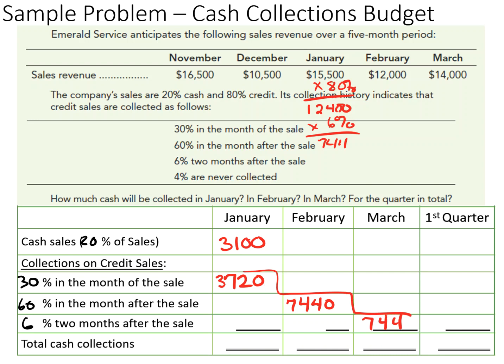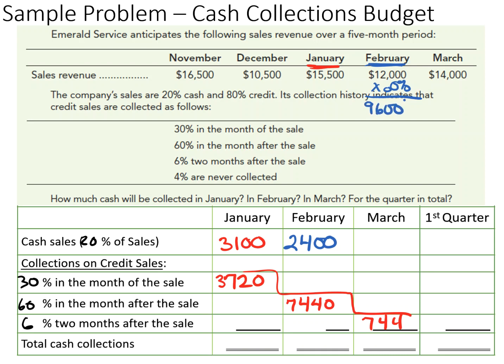Let me get rid of my messiness here. So February, 20% of sales are going to be 12,000 times 20% is $2,400. I'll just write that in another color. Keep it easy for you. Okay, so if $2,400 is cash sales, then 80% will be credit sales. 80% of $12,000 is $9,600.